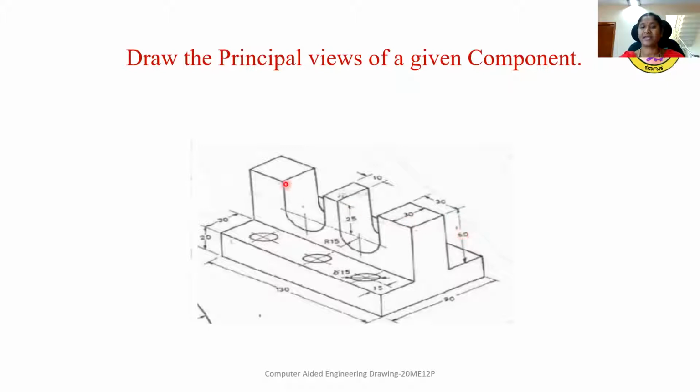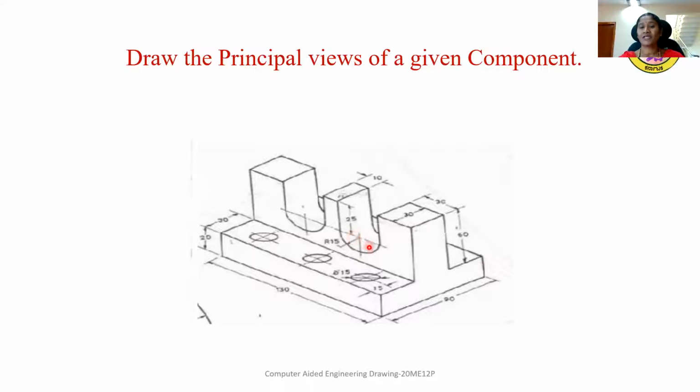The top rectangle is provided with two slots of width 30 mm. These rectangular slots are with a semicircular base. The radius of the semicircular base is given to be 15 mm, so the diameter will be 30 mm. And the depth of the semicircle is at a distance of 25 mm from the top line.